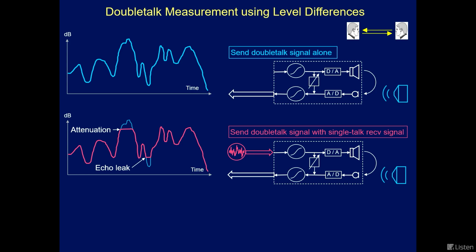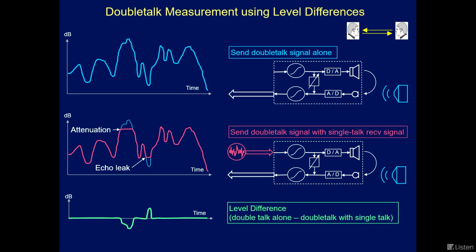And there could be some differences between that and the first measurement, and that is shown in the difference. Anything that is a positive difference indicates an echo that actually is audible, and the levels below indicate some kind of clipping or level loss. If it's only brief, you may not notice it, but if it's long enough, it'll tell you that speech is being missed, perhaps even entire words.